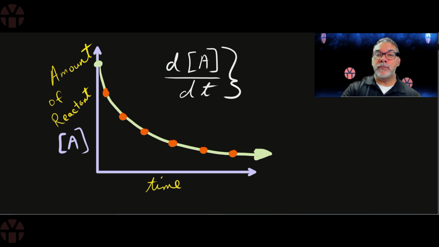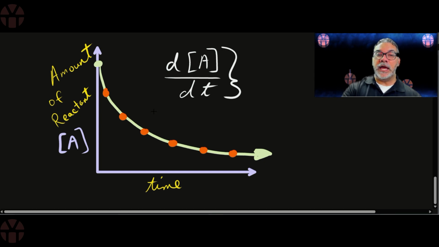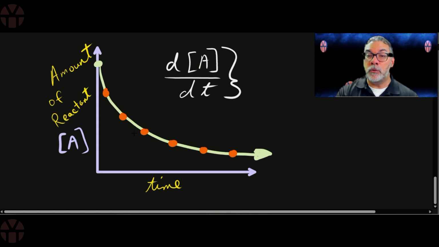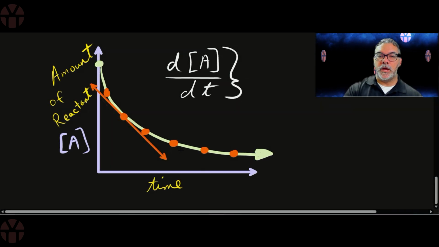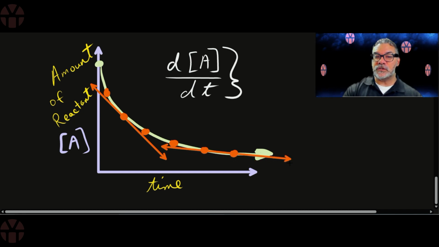But the problem is that when I try to take the slope or the tangent at any one of those given points, what I'm going to find is that as time passes, so does the actual slope of these tangent lines.